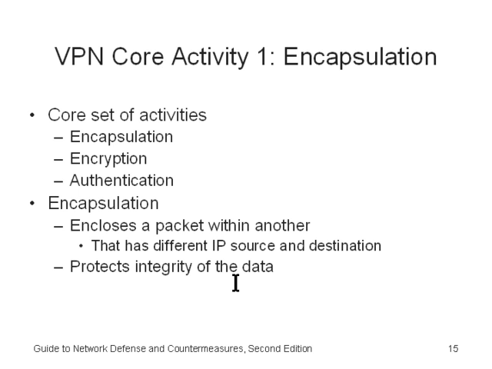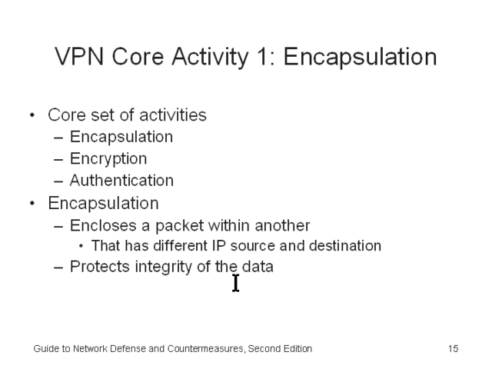So what is the core activity of a virtual private network? It's something called encapsulation, and encapsulation actually includes three different things. As we'll see, encapsulation may well be combined with both encryption and authentication. The authentication serves several purposes.